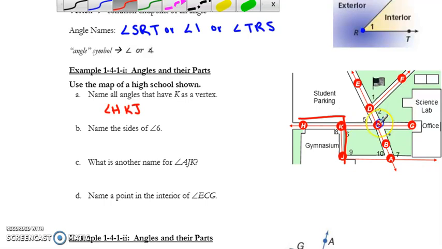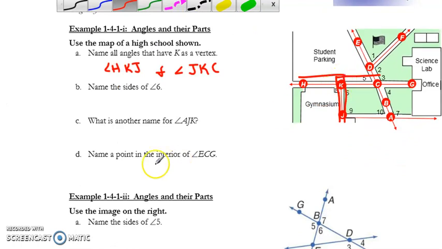We could also have this angle here, so we could name it JKC. And those would be the two that have that vertex point. So if we name JKH, it's the same angle as this.